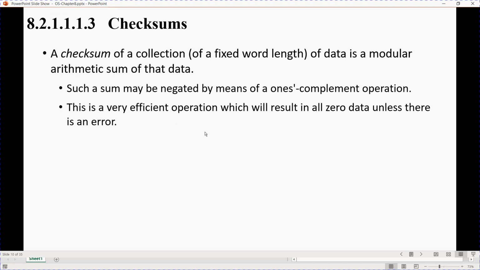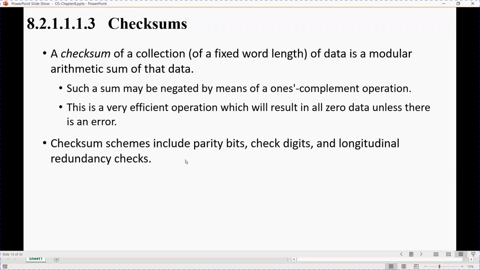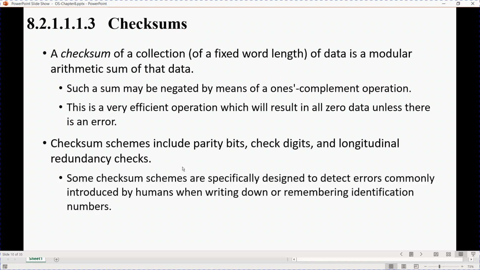This is very efficient and easily detects whether the data has an error or not. Checksum schemes include parity bits, check digits, and longitudinal redundancy checks.